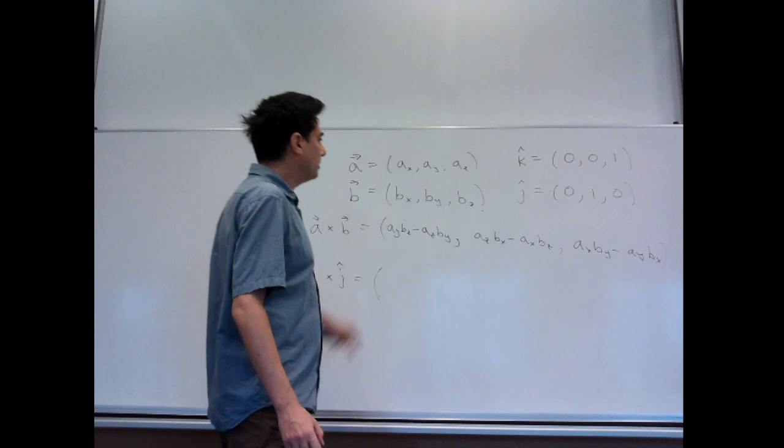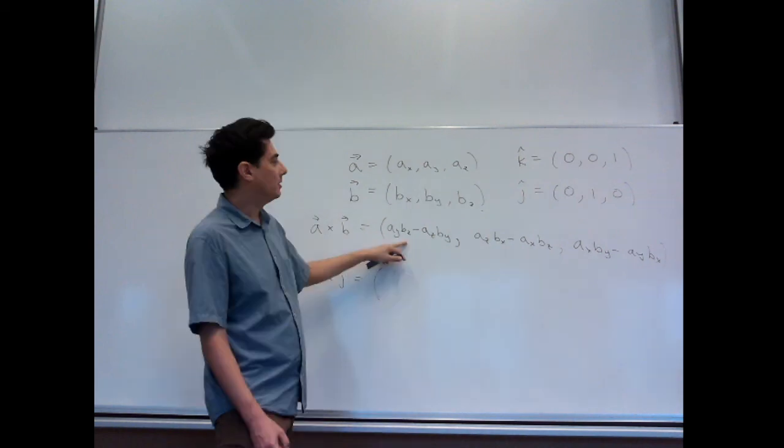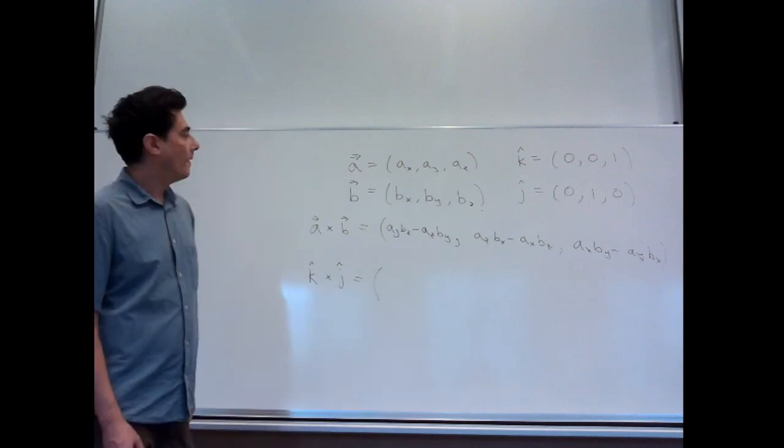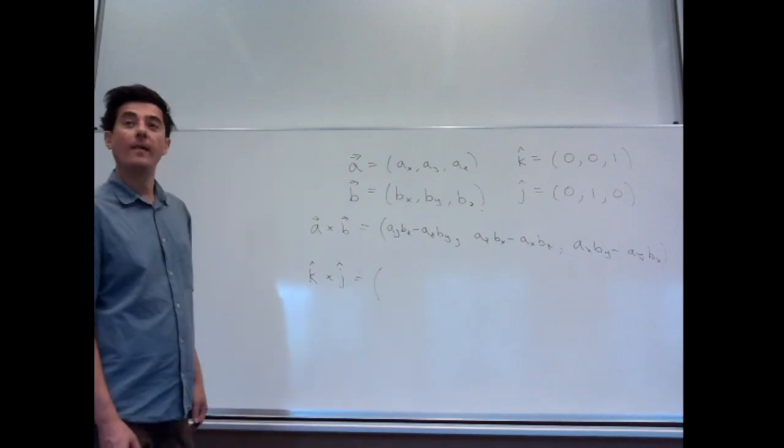So firstly, what's AYBZ going to be for this case? 0, right. Okay, so it's 0 minus, and what's AZBY? 1, right. So it's 0 minus 1, which is minus 1. Okay, AZBX, what's this going to be? Right, 0, and then AXBZ, also 0.